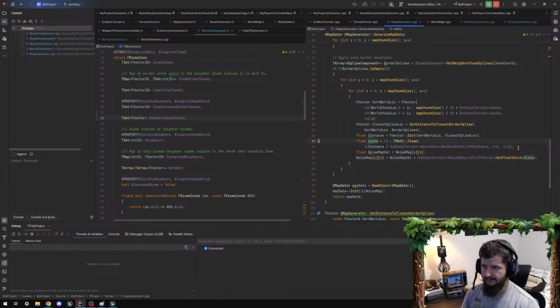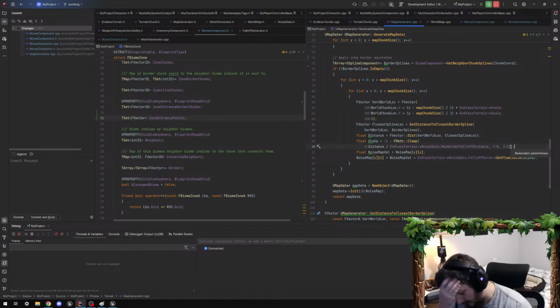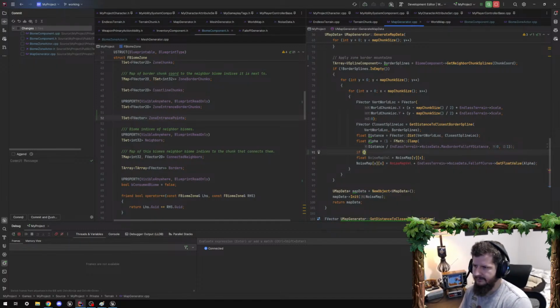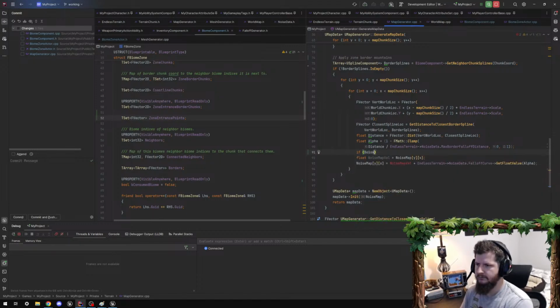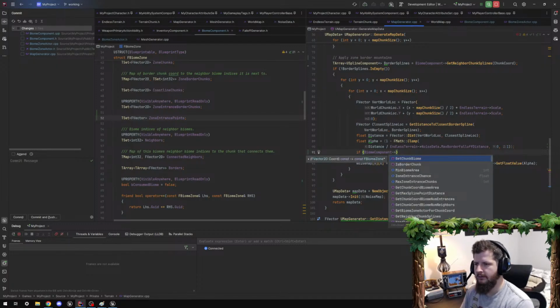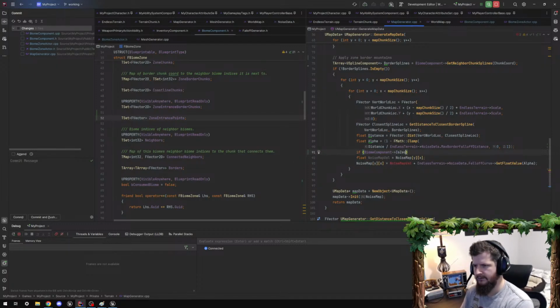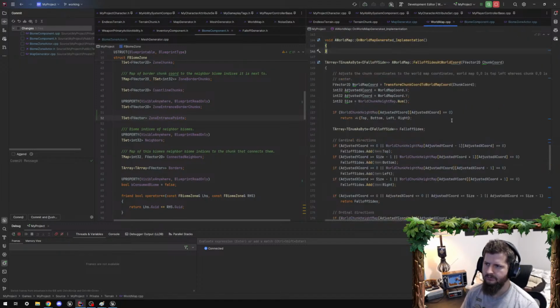Okay, so we have alpha, and then maybe I'll say something like, if biome components, biome, get what is it, is... did I put that in the world map?